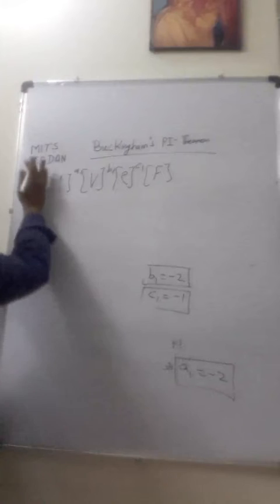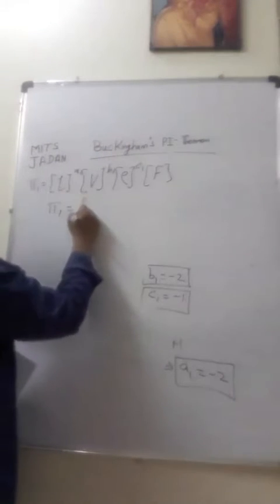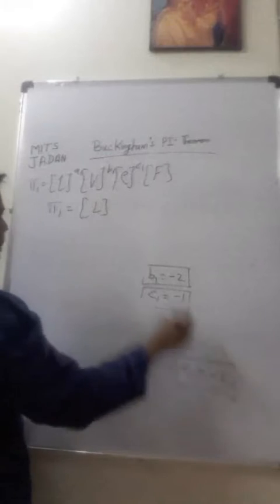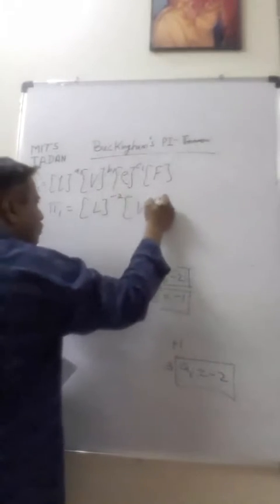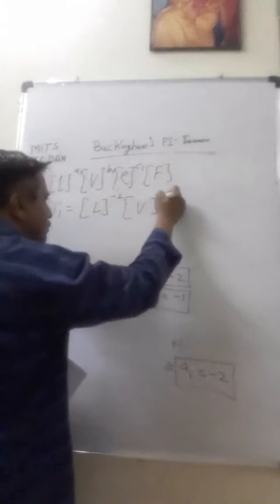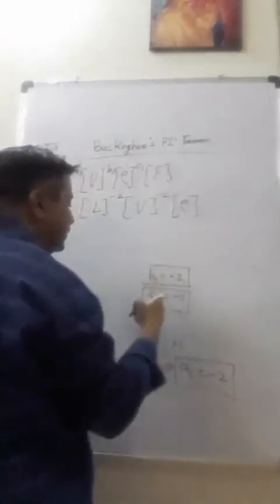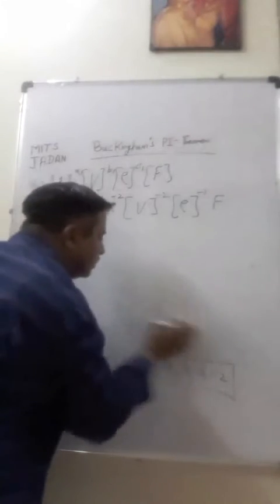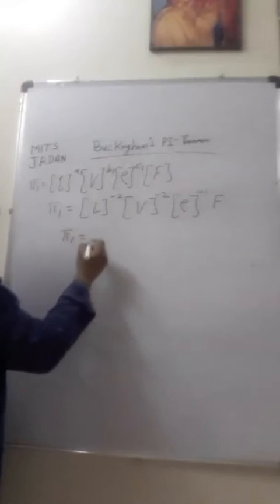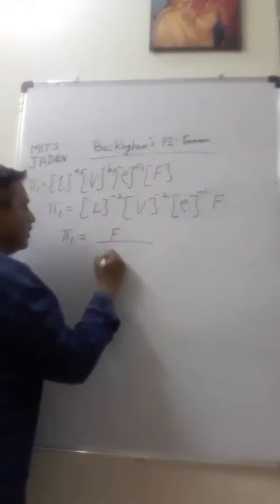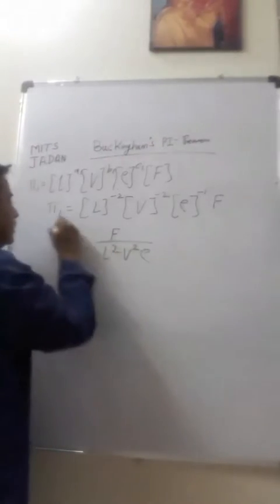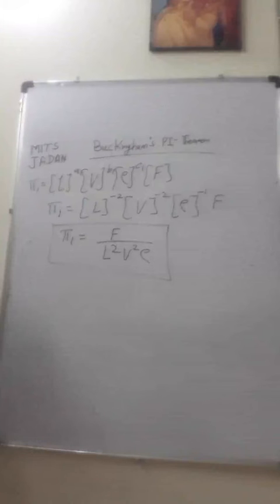So we have pi 1 is equal to L to the power of A1, that is minus 2, V to the power of B1, which is equal to minus 2, and rho to the power of C1, which is equal to minus 1, and F. Therefore, our first pi term, pi 1, is equal to F divided by, this goes to the denominator, L square V square rho. This is how we will find our first pi term.